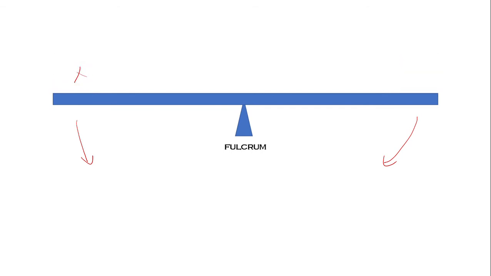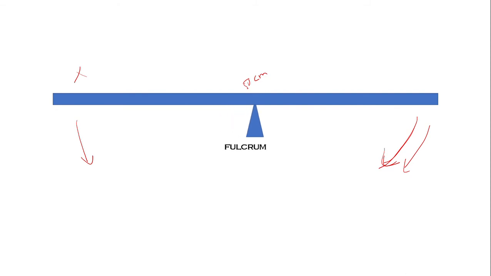Similarly, suppose this scale is balanced, there is no weight on it. It is balanced at this point, that is at 50 centimeters. Now, what will happen if I move the fulcrum, the point where the scale is pivoted, to the left hand side? It's common sense, the scale will rotate in a clockwise direction.